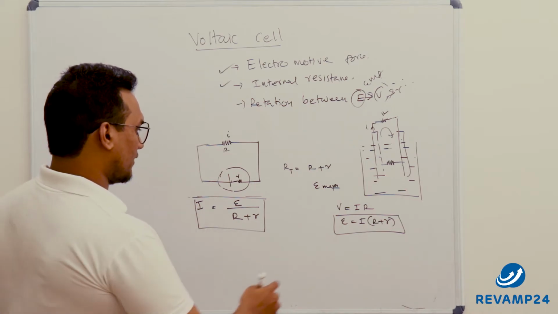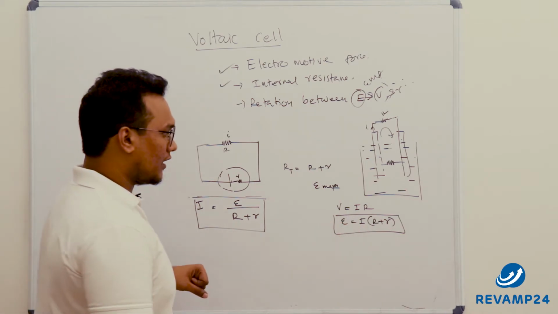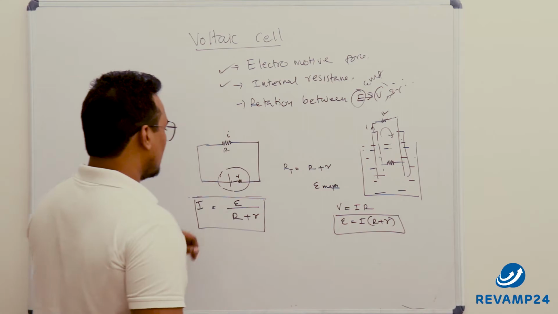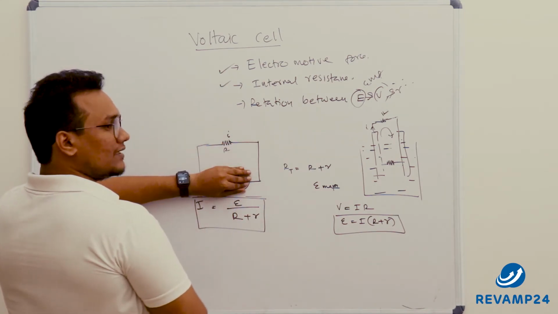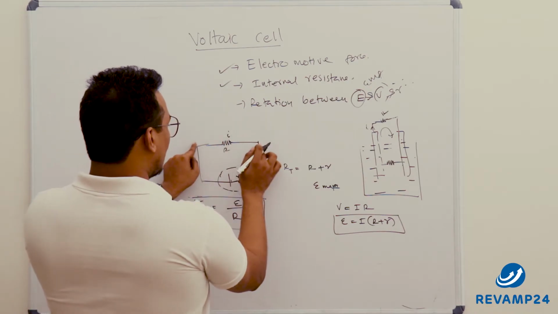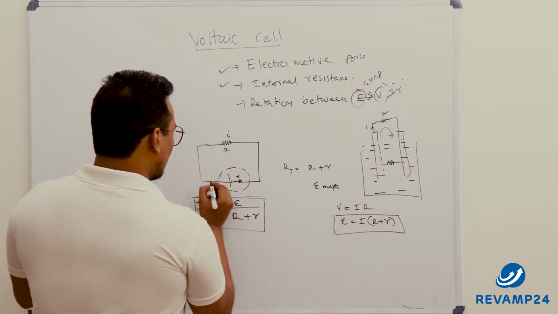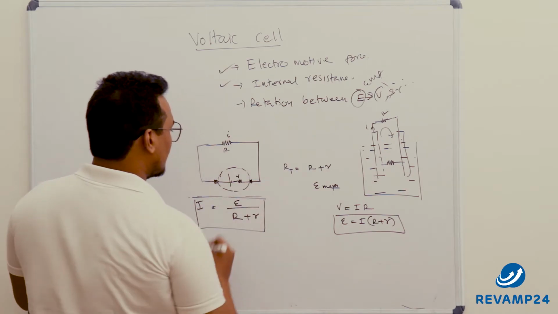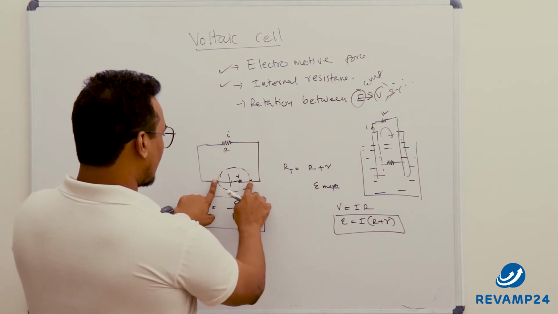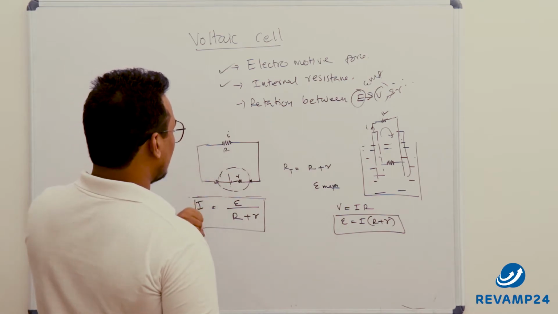Now cross multiply, you will get this one, right? Now what is I into R? Now consider this as a battery. I into R is nothing but the potential difference between the terminals. So this is the terminal, right? This is the positive terminal and this is the negative terminal of the battery. Inside the battery you have EMF and internal resistance.